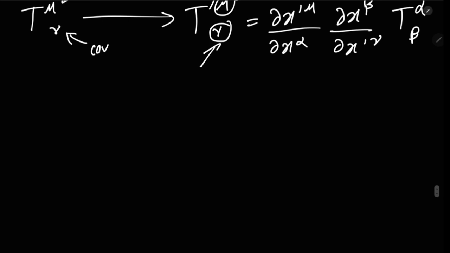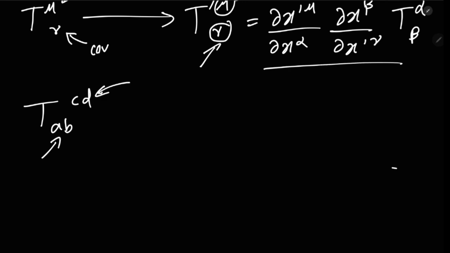Now, just for the sake of example, let's take a rank 4 tensor, 2 lower indexes and 2 upper indexes. So it should transform covariantly with respect to A and B and contravariantly with C and D. This T, let me clean this up, goes to T prime under the change of reference frames.